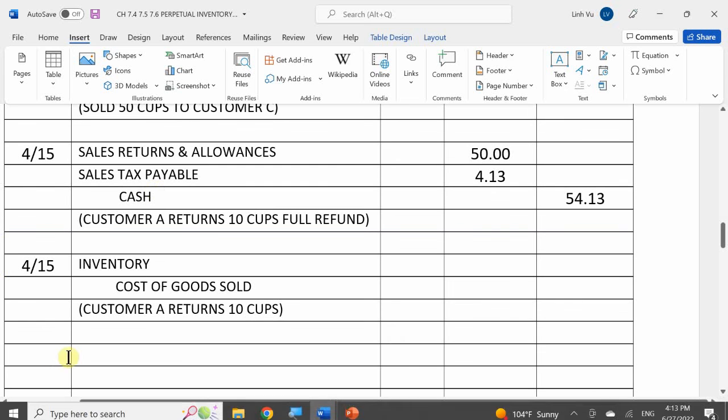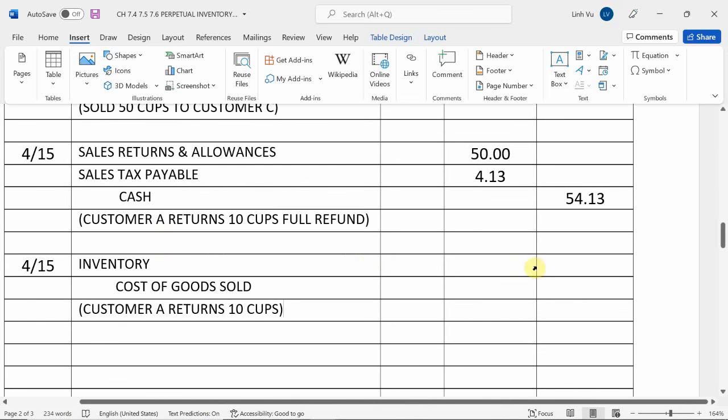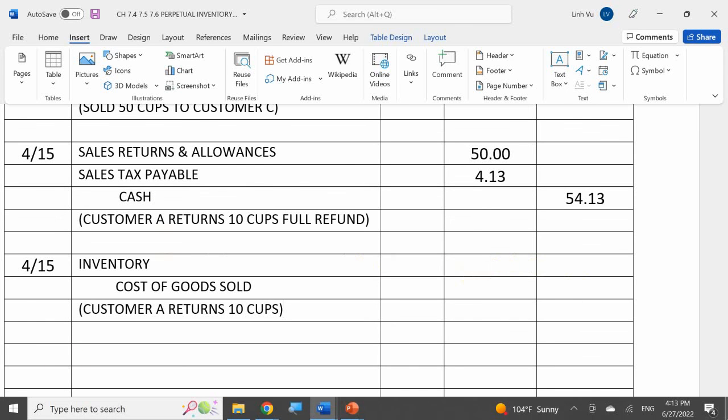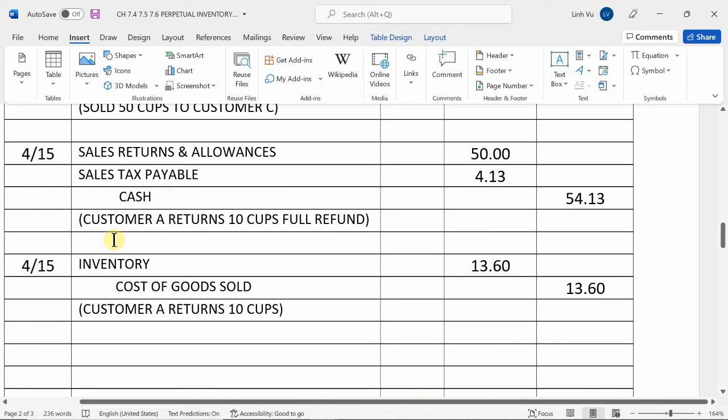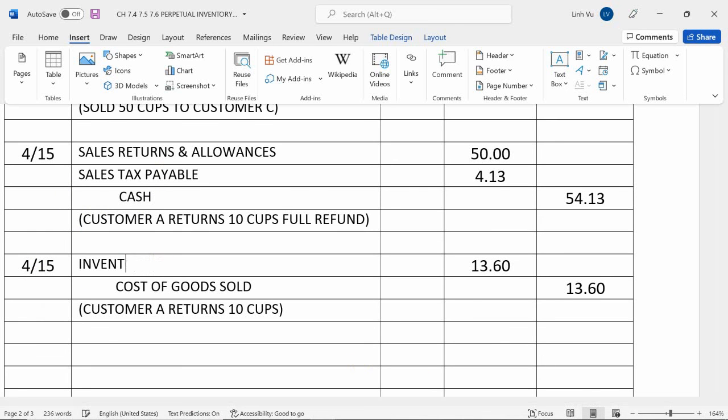So 10 times $1.36 gives me $13.60. Yes. Since we know we're selling cups instead of inventory, it's the same as the cups. Oh yeah, sorry, you're right. I forgot. Cups. Good.